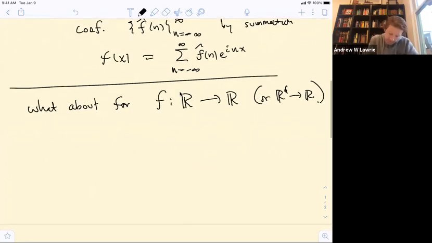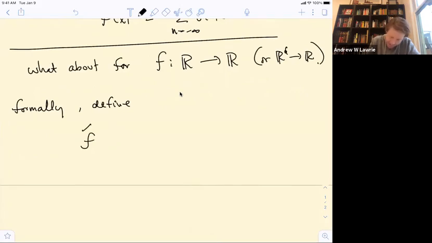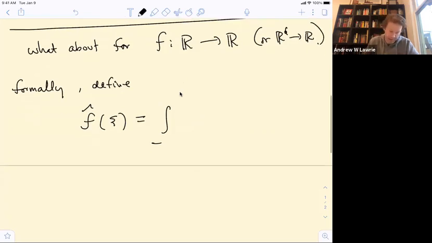So formally, if I just want to make a formal analogy, I define f hat of c. The Fourier coefficients before were defined by integrating against e to the i n x. Now let's do the same thing, but we integrate over minus infinity to infinity, over the whole real line.